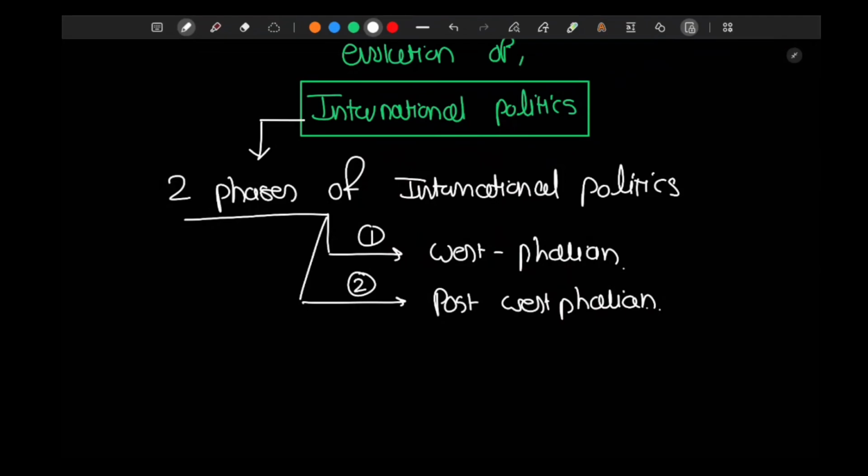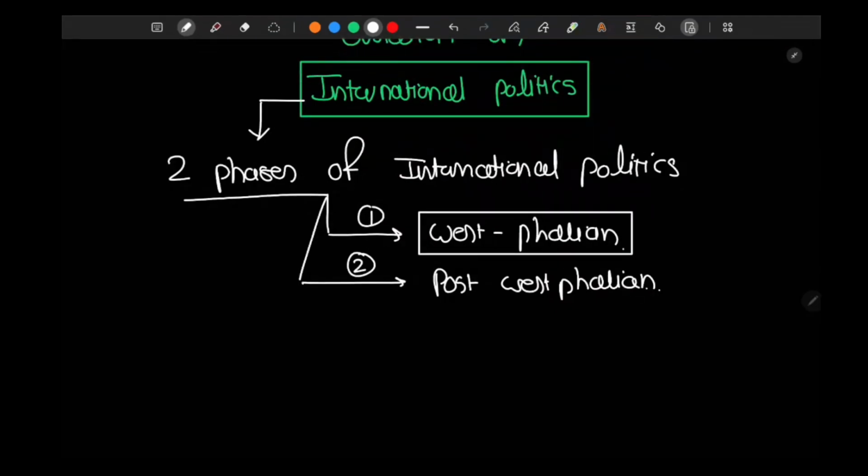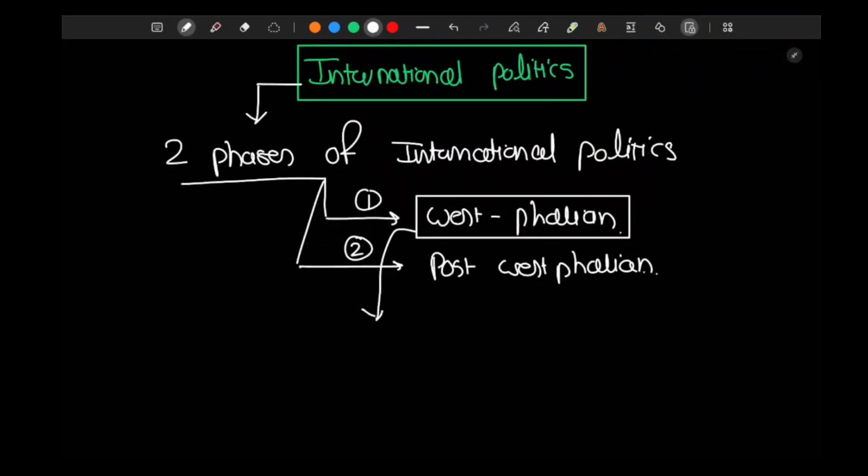I will tell you a small story. It is not really related to the discipline, but still, for external knowledge, you just understand what I'm trying to say. So Westphalia is a place in Germany.